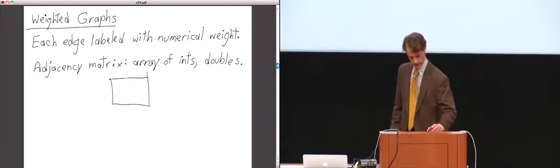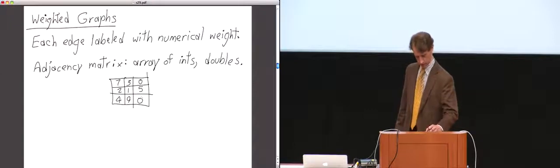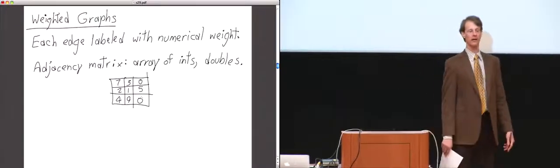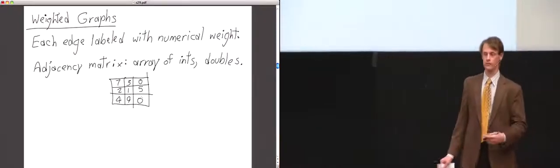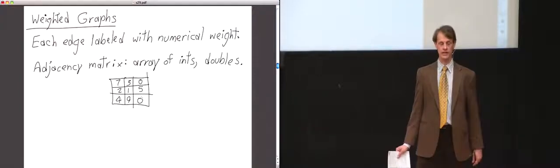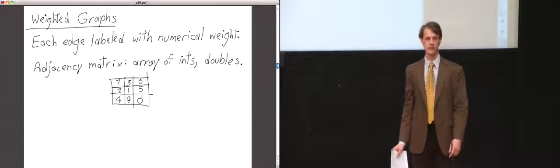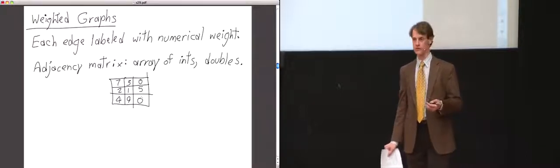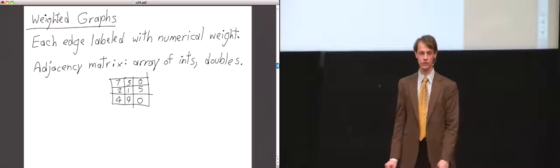So, you have a matrix. Now it's got numbers in it. Now, you want to have a way to represent edges that are not in the graph. When we used a Boolean array, we used false to say there's no edge connecting these two nodes. When you're using an array of numbers, you have several choices. One thing you can do is have a special value which means there's not an edge connecting these two nodes.